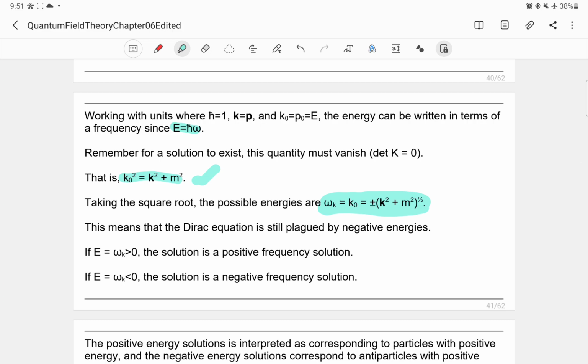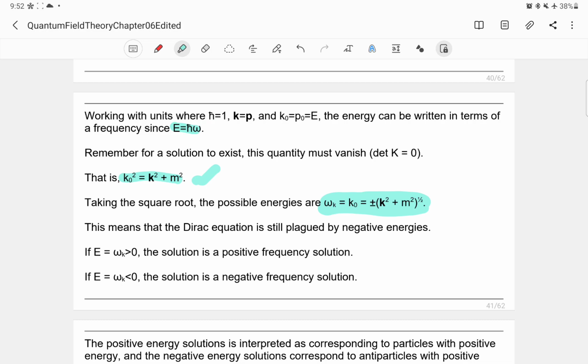And so we're still having some energy that's below 0, which is, of course, in quantum mechanics not allowed. But we have to accept the fact that it's now interpreted as antiparticles having positive energy.